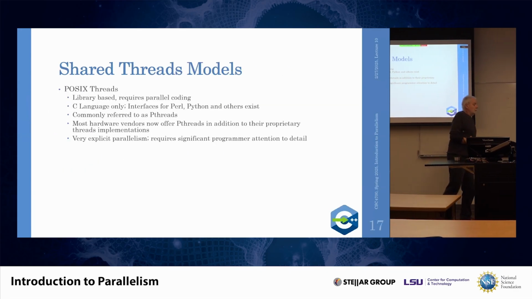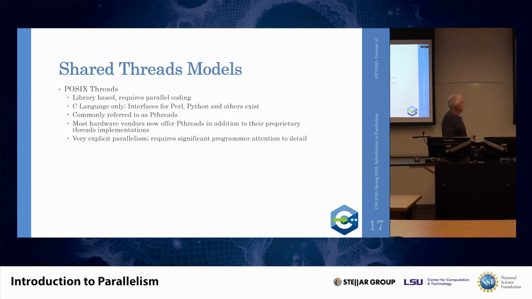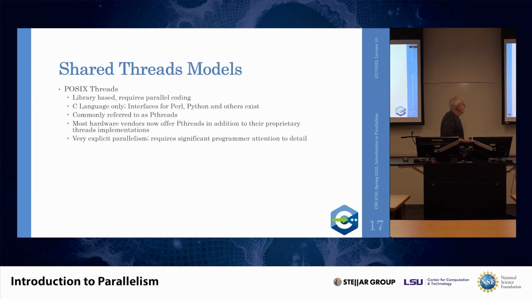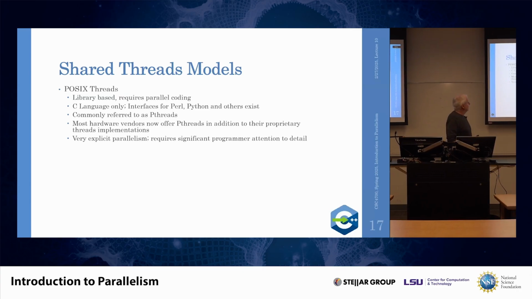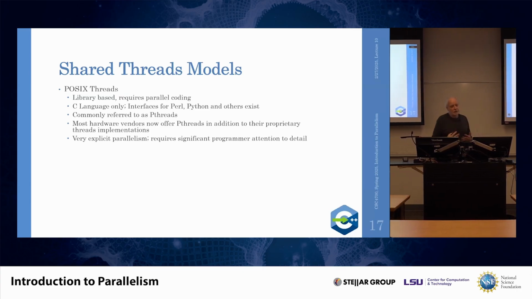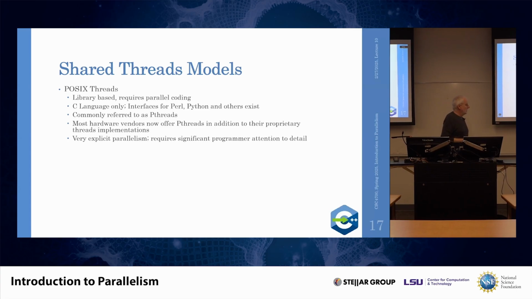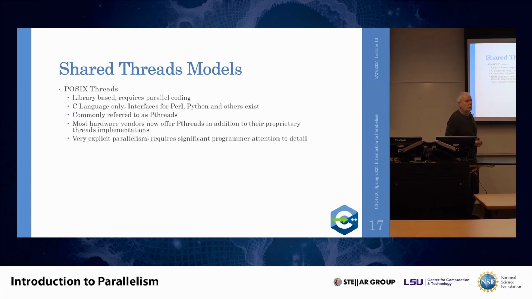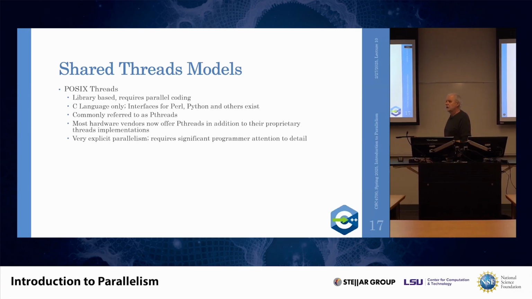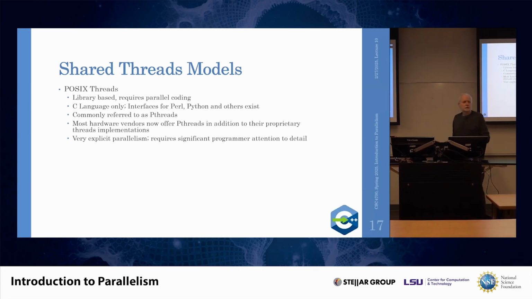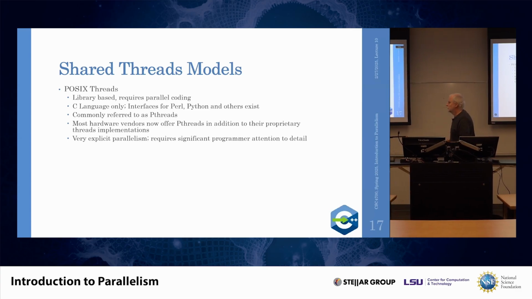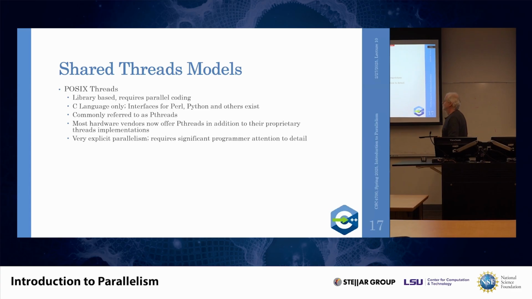Okay, so a bit more detail about the shared thread models. As I said, POSIX threads. It's a library-based solution which requires explicit use of certain APIs. It's a C library with all the advantages and disadvantages associated with it. Who wants to work with C? I don't. But if you want to work with POSIX threads, you have to work with a C library.